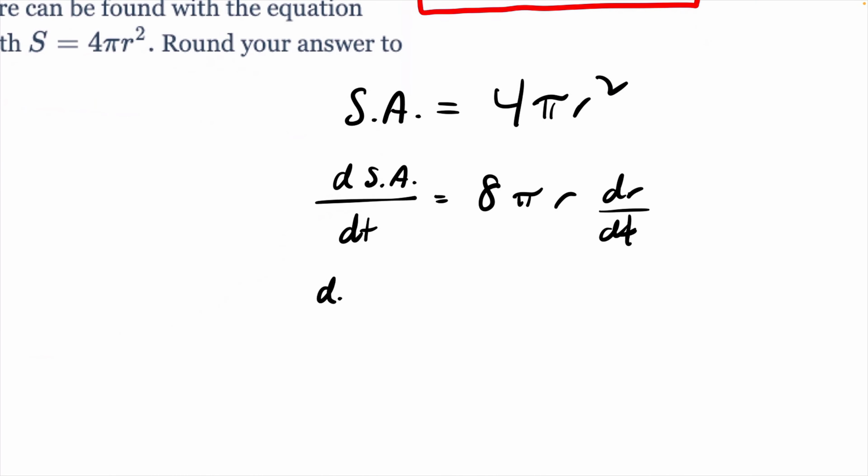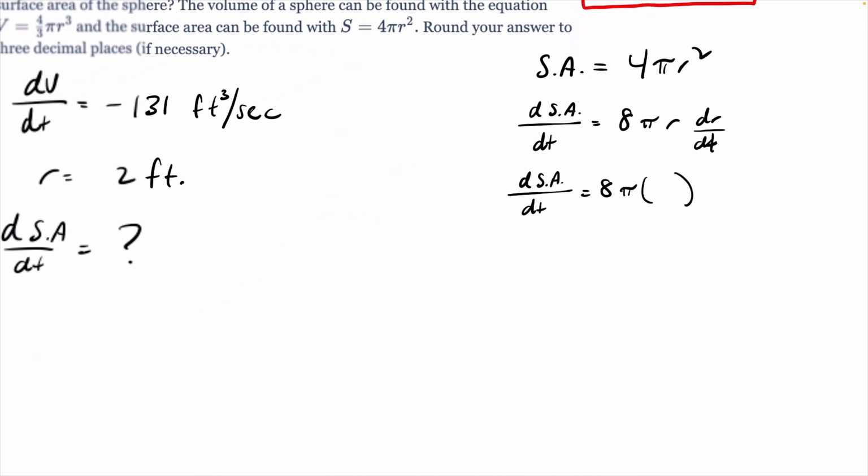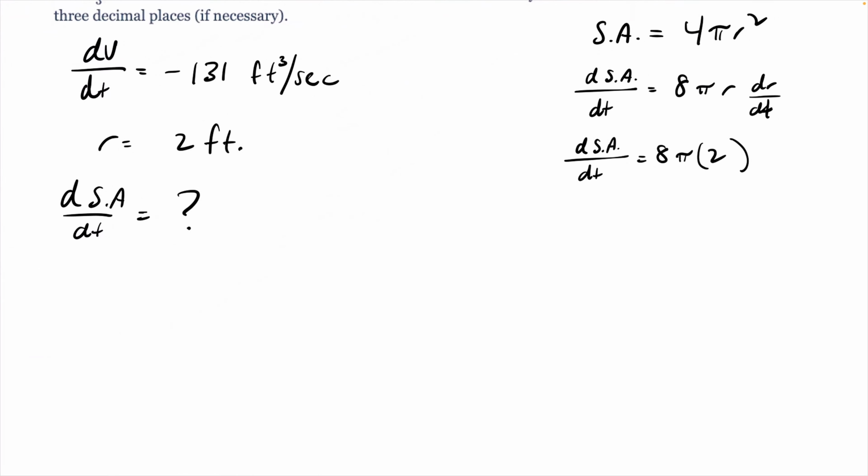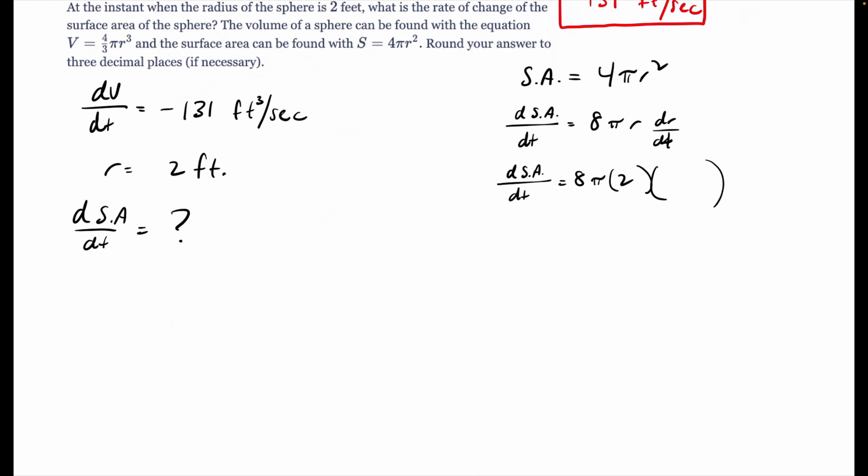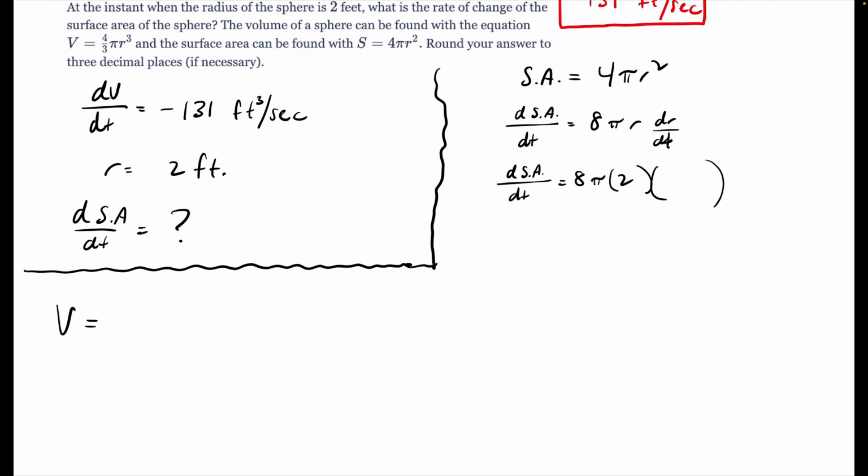We don't know dSA over dt. 8 pi, we know r is 2, and we don't know dr over dt. That's when we've got to pause and use the other formula, which is volume, because that one does have an r.